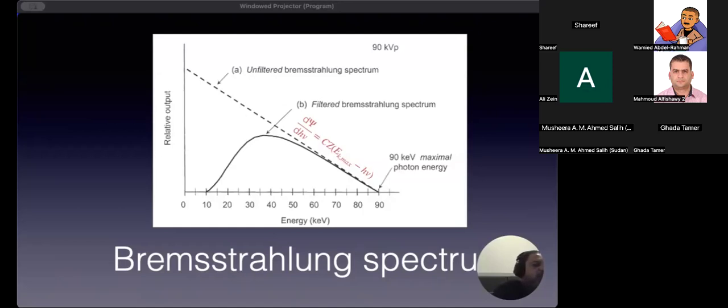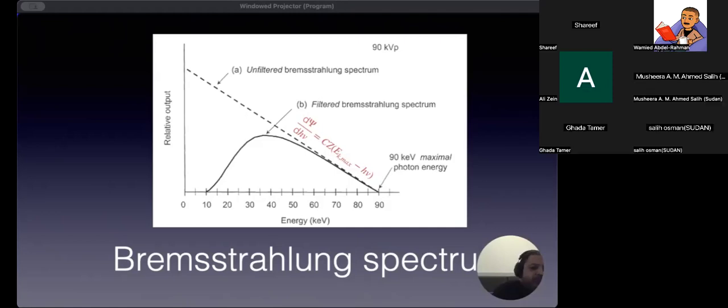This is a theoretical value, okay? But essentially, we're going to have a filtered Bremsstrahlung spectrum. All of these low energy photons will be absorbed in the target. Only those with sufficient energy will come out from the target and contribute to the photon beam emitted from this target.